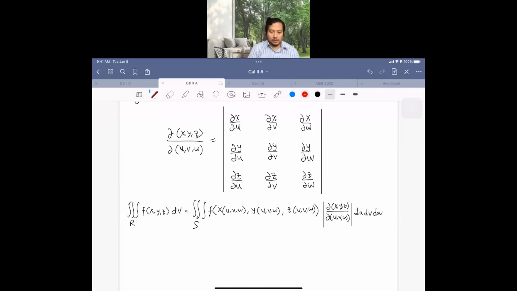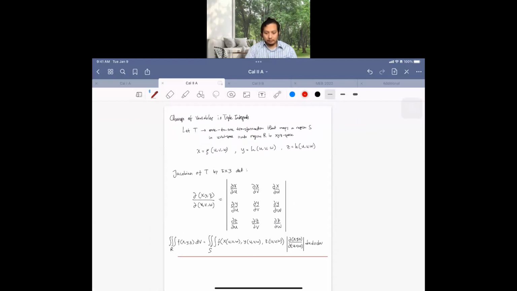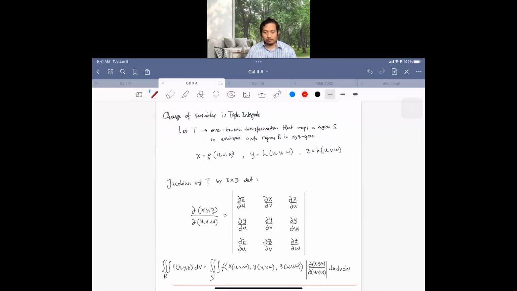So this is for the triple integral. Okay, any questions?